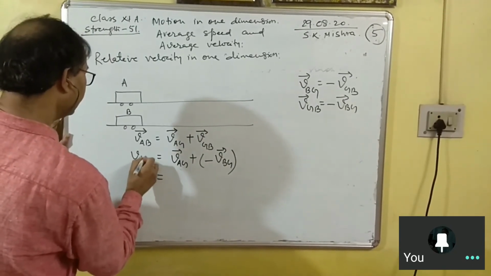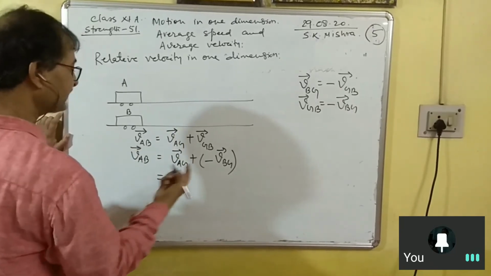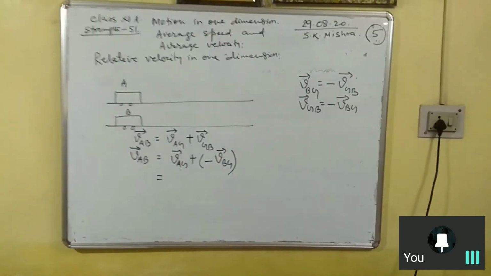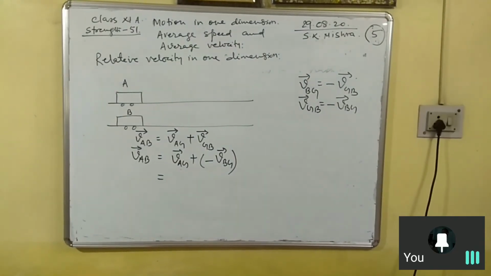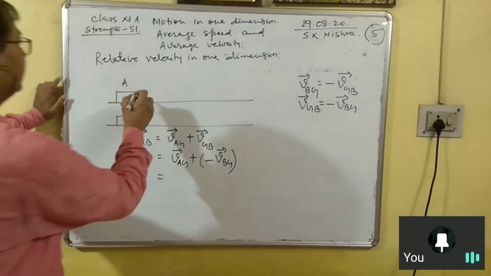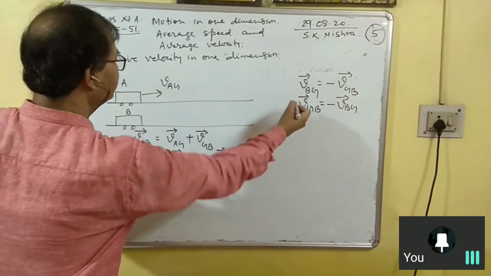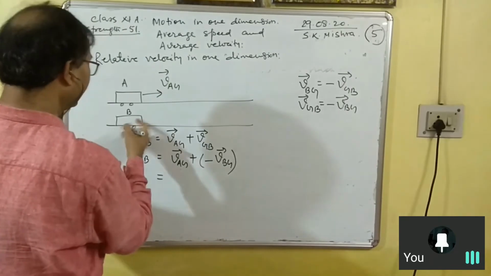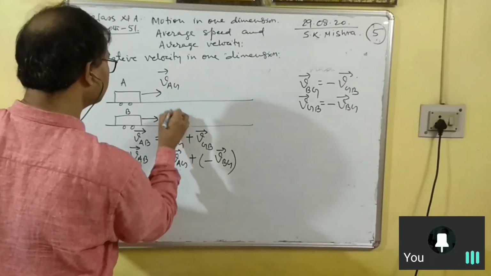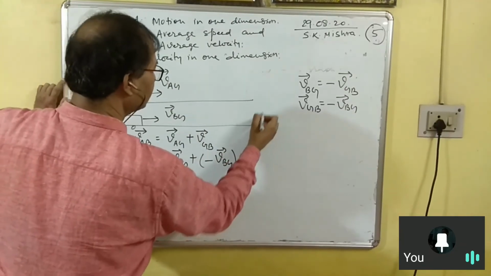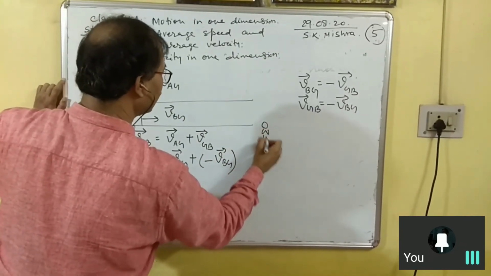VAB. If I ask you what is the angle between VAG and minus VBG, your answer will be, yeah, VAG means train A is moving towards right and train B is moving also towards right. This is the observation made by a person standing on the ground.